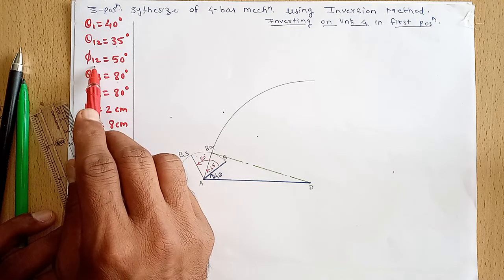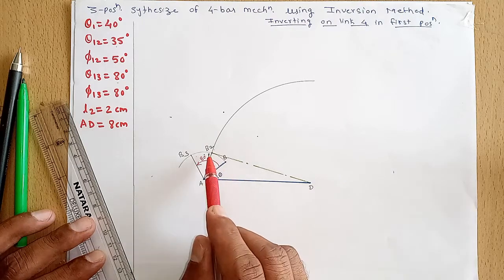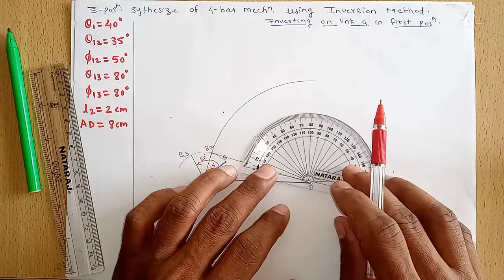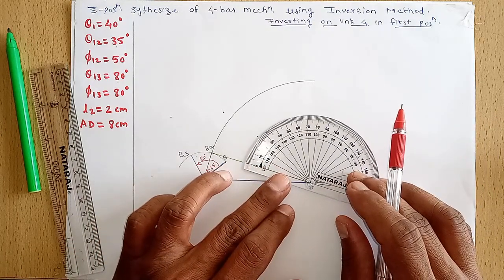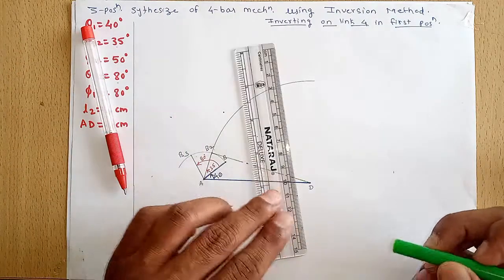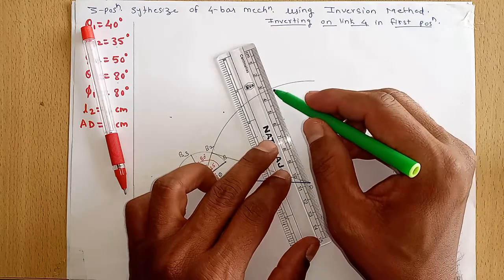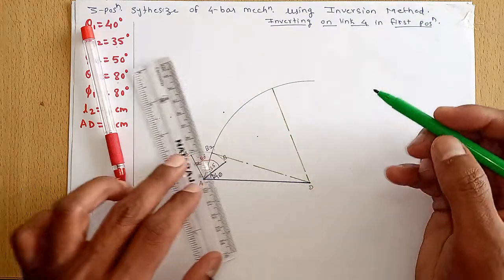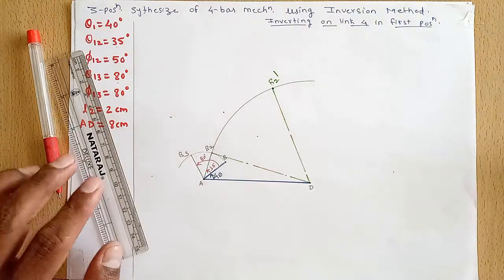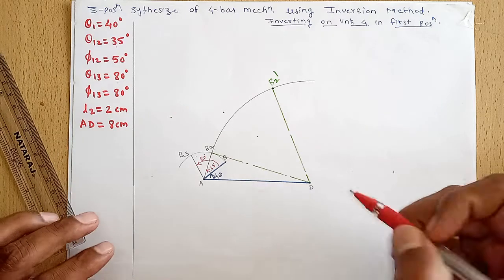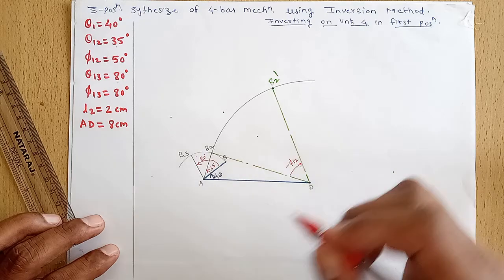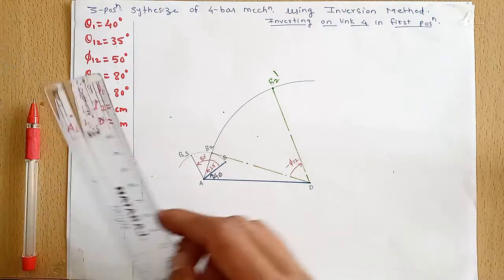So we will reverse this line DB2 backwards by an angle of 50 degrees. So this is 50. We get the inverted position of point B2. I will name it as B2 dash, and this angle is theta 512, 50 degrees.